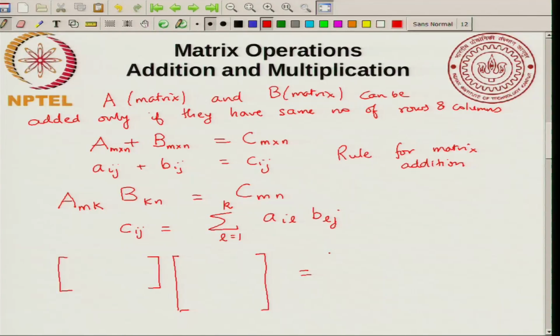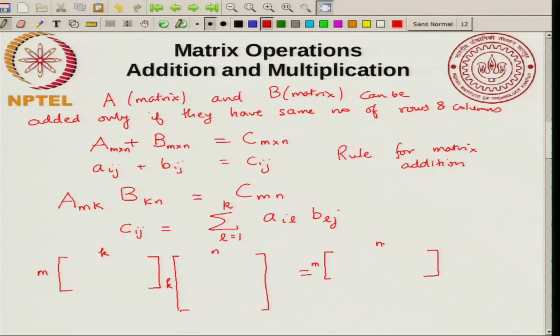So if this is m and this is k and this is n, then this is m and this is n. Okay, an m by n matrix.